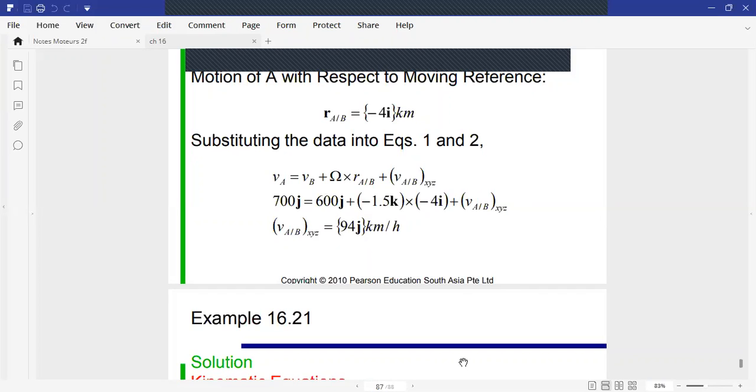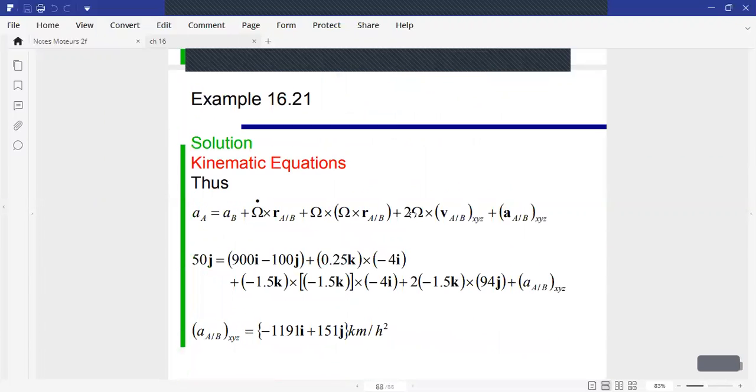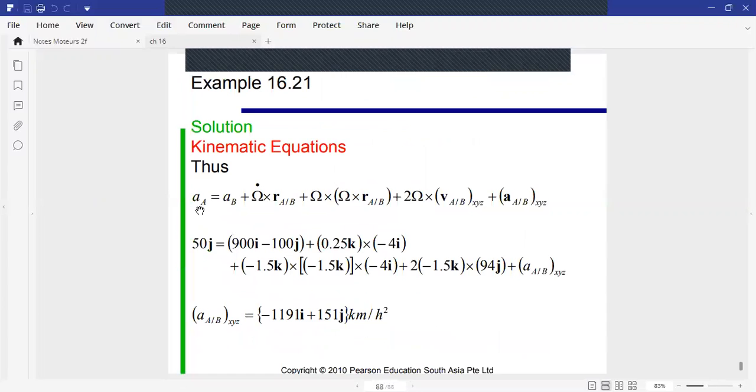Now, if we apply the relation for acceleration, the absolute acceleration of A equals the absolute acceleration of B plus alpha vectorial BA. Now this term, you can replace it by omega square BA, plus 2 omega vectorial relative velocity, plus A relative.